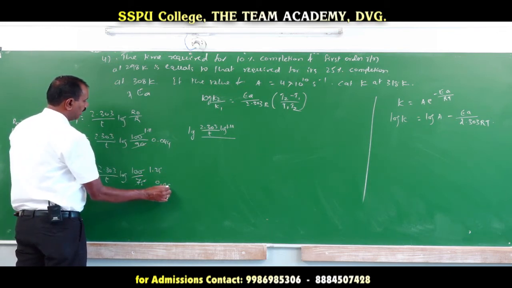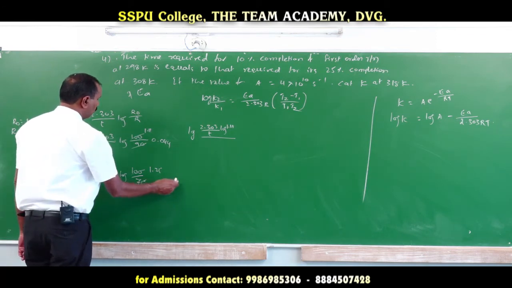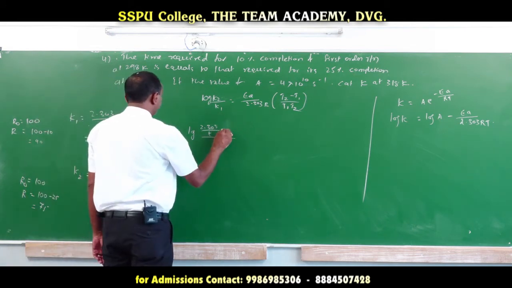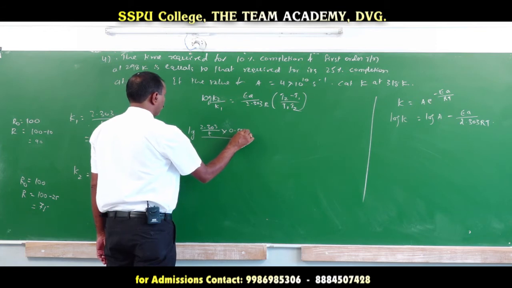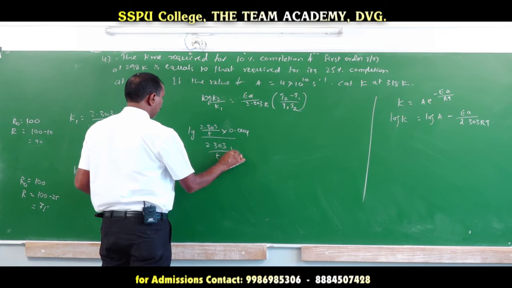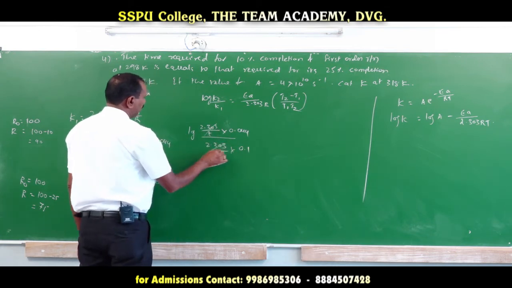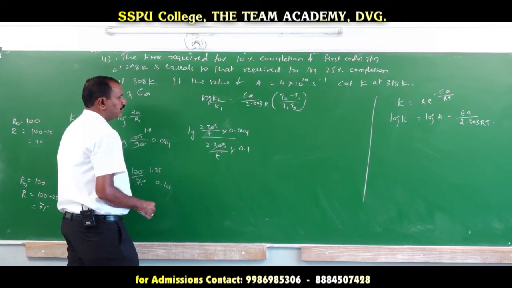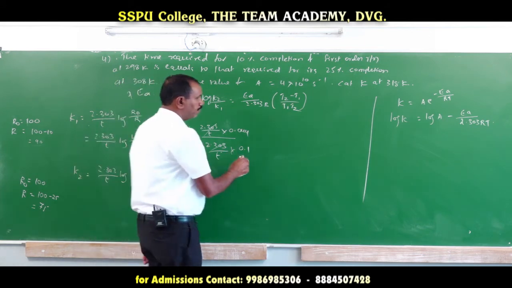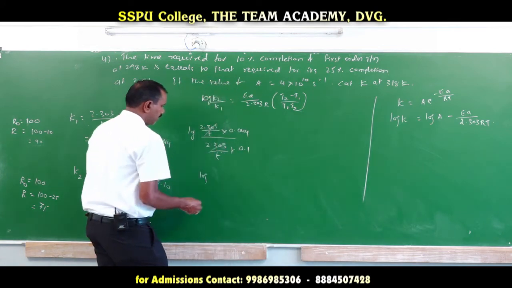That is nearly 0.1. So it is 0.044 divided by 2.303 by T into 0.1. These two cancel. So 0.044 divided by 0.1 is nothing but 10, so 0.44.